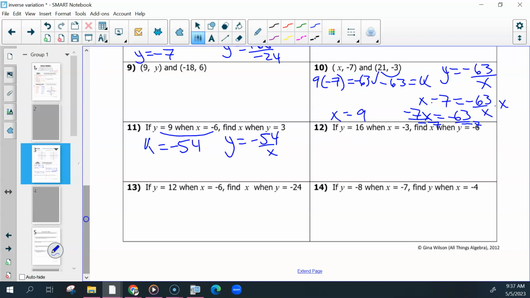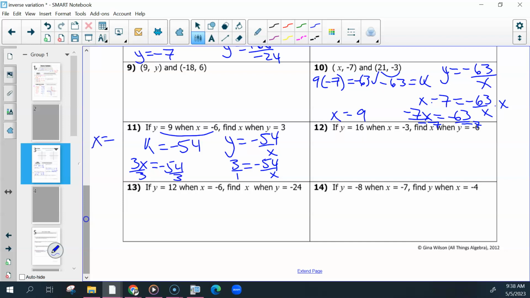We are looking for x and have y. Something you could also do, it would basically be the same, is put 3 over 1 and cross multiply, which would basically be the same as multiplying by x, so it doesn't matter. Same amount of steps.